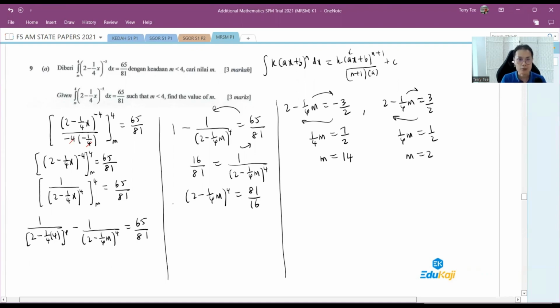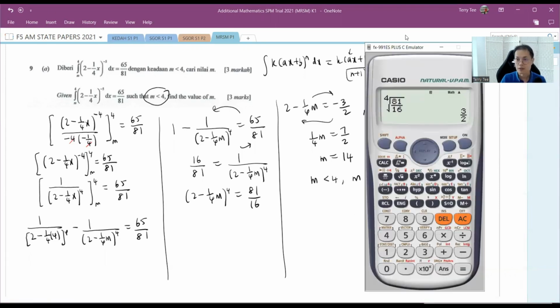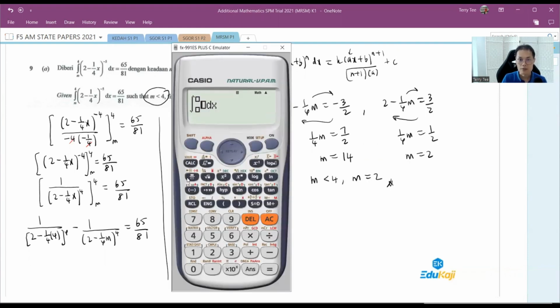However, you can see that the question says m is less than 4, right? If m is less than 4, we don't take 14. Okay, maybe I just write here, since m is less than 4, m has to be 2. Okay, there's one way to double check your answer using a calculator. You can use the integration sign.